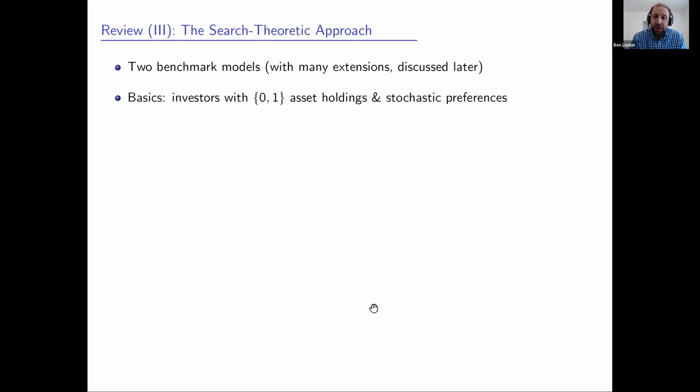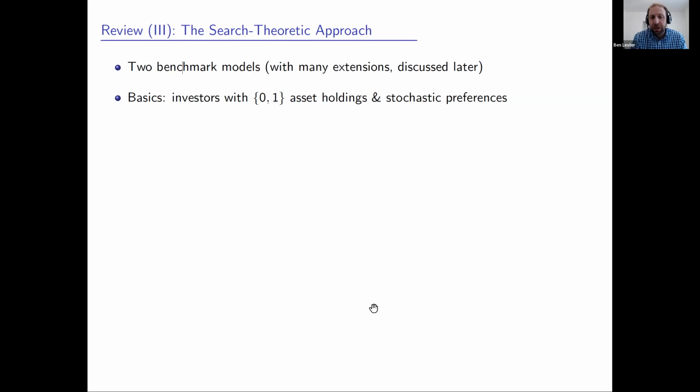And Pierre actually talked at length last week about various ways to microfound this preference structure. You could think about investors with different portfolios who have different risk exposures to one particular asset. You could think about investors with different risk preferences, time discount factors, beliefs, and so on and so forth.